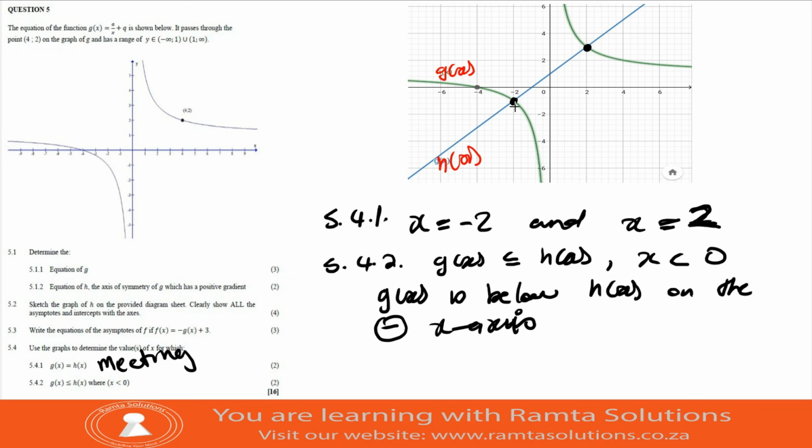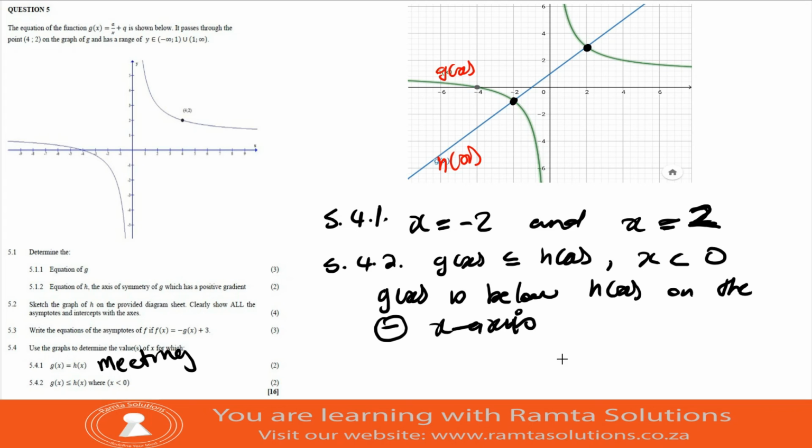Now, let's look to the right of x equals negative 2. g of x is below h of x. So this is exactly what we're looking for. But remember, they will never touch x equals 0.